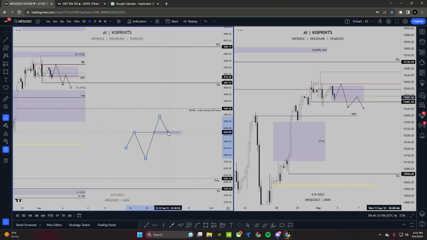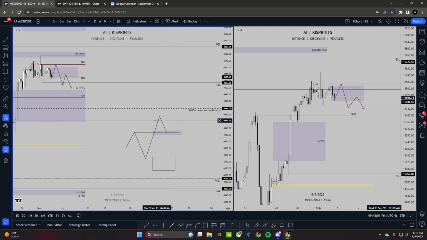So once we get that retracement, we would want to be within macro right here. So this would be our macro area here. Those lines are so crooked. There we go. So let's just say it's our silver bullet, right? This is our silver bullet right here in this time frame. So we have that retracement, that would be our entry.